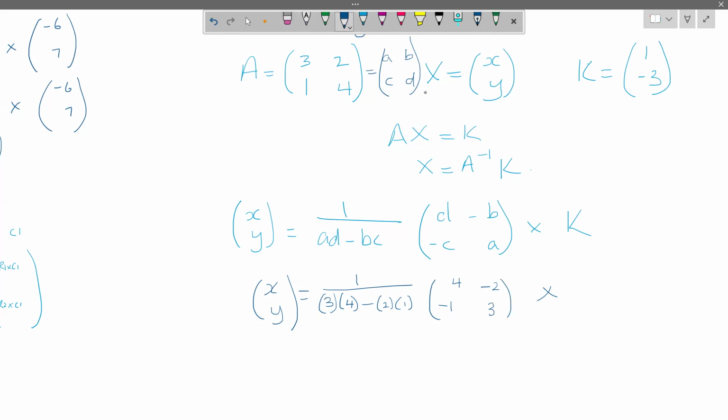And we're multiplying that by K. So K is 1, negative 3. Now, this is what we concern with here first. Before we could do anything, we had to work out inside of here first.